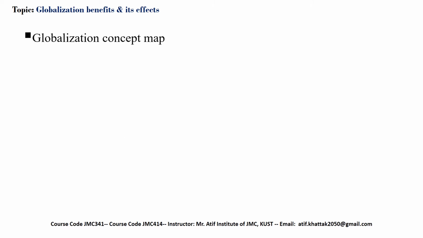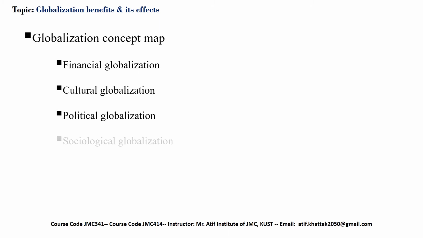When you talk about the globalization concept map, some examples of globalization are economic globalization, financial globalization, cultural, political, and sociological globalization. Besides, there is a geographic globalization. So, let's talk about financial globalization.